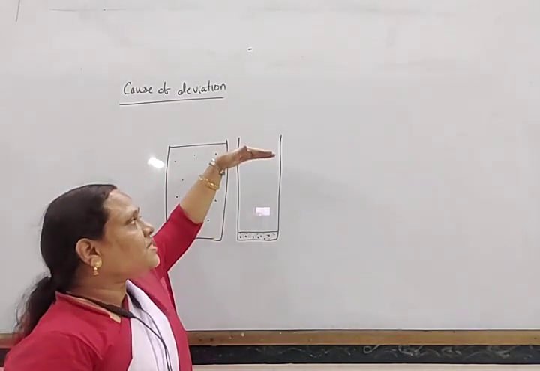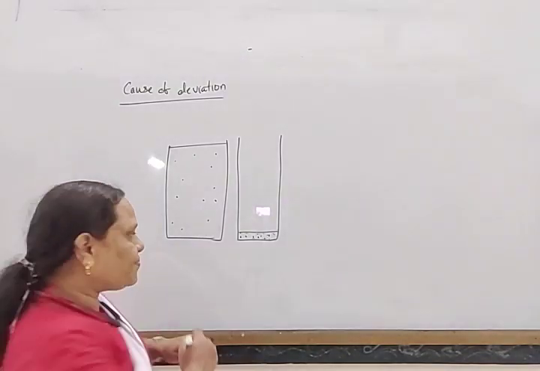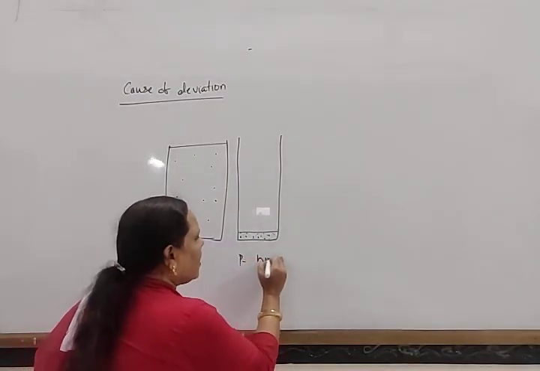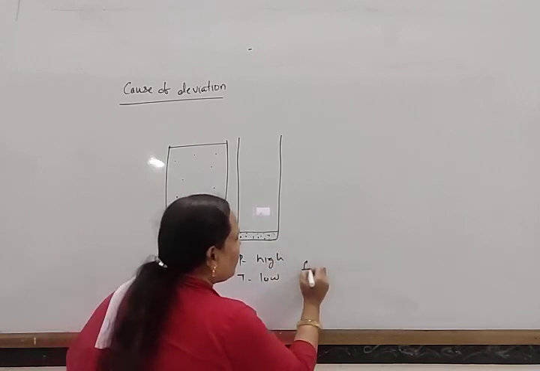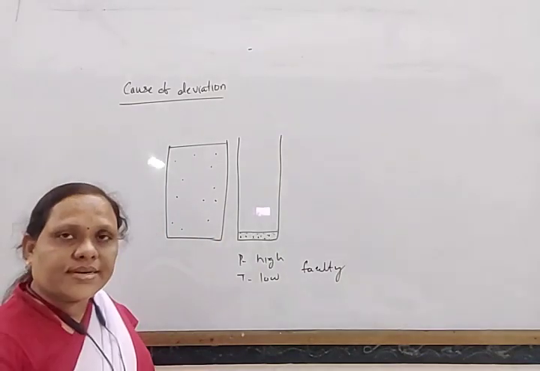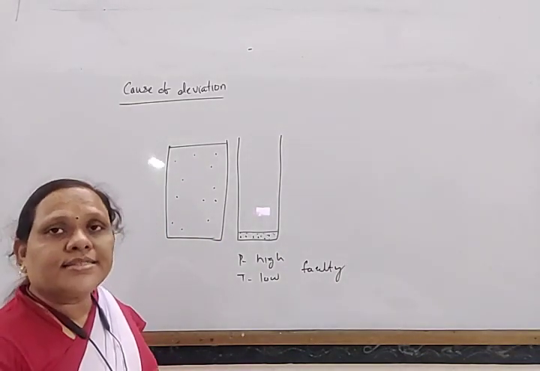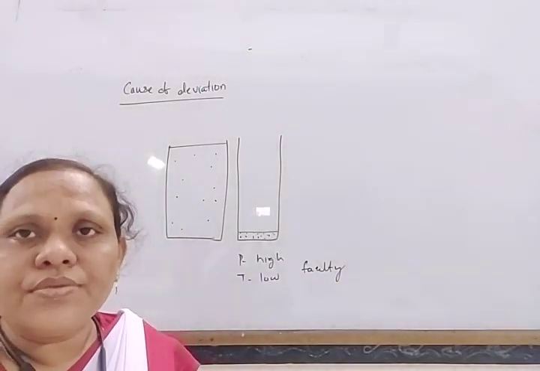But when the pressure is high and temperature is low, P high and T low, then the assumptions are found to be faulty. In this way, the real gases deviate from ideal behavior. So note down these points.